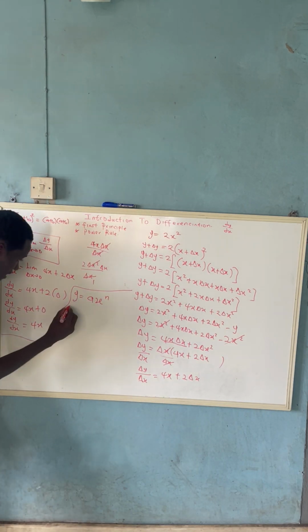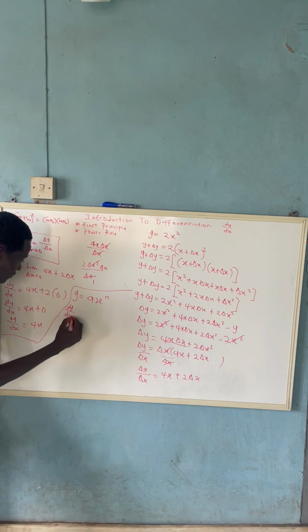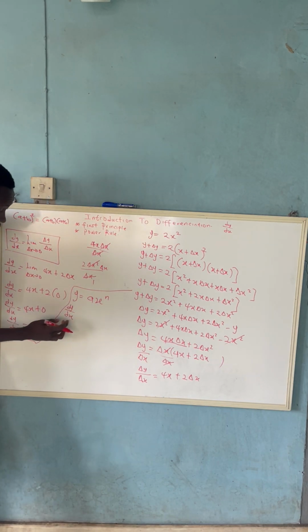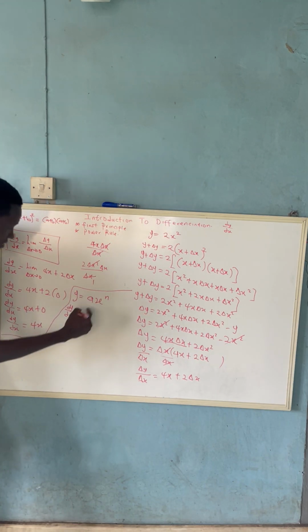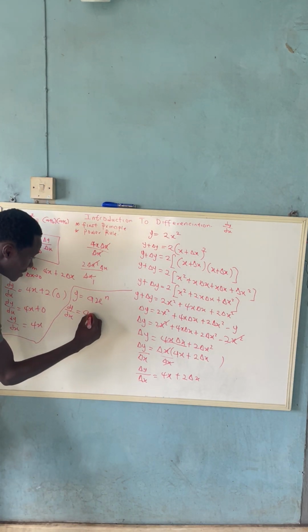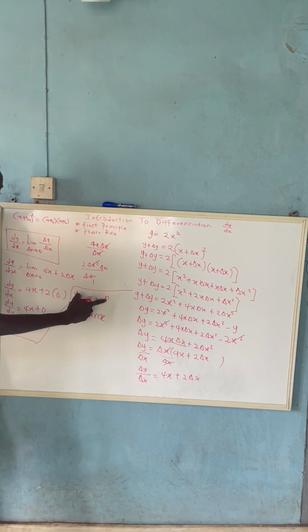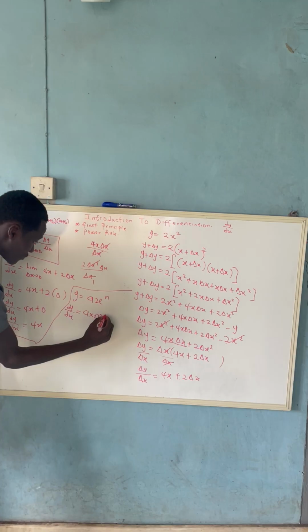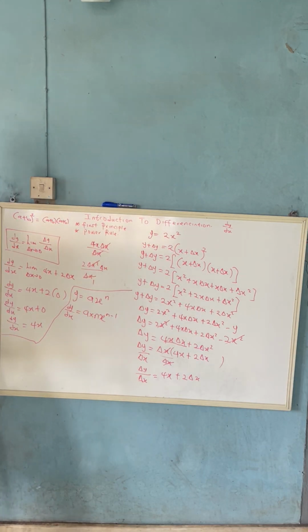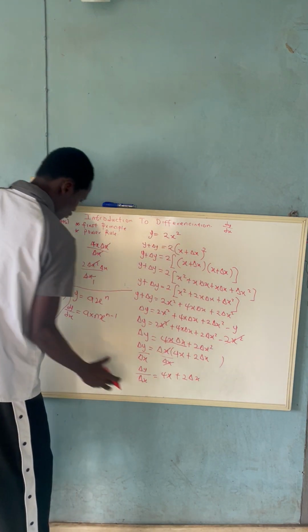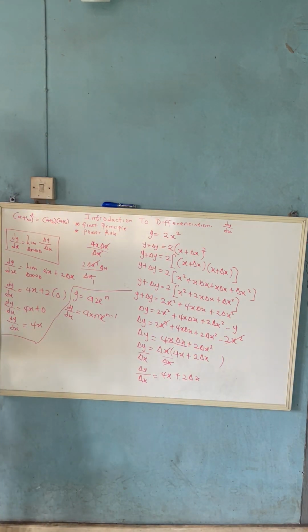That means we can get dy over dx. We can differentiate y with respect to x simply as a times n, then x. We remove 1 from the power. We subtract 1. That is n minus 1. That is all. So instead of us wasting all this time, we can easily use this power rule. This is the power rule.